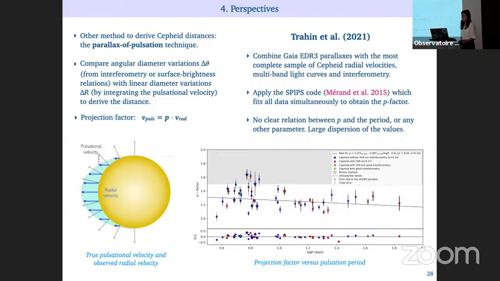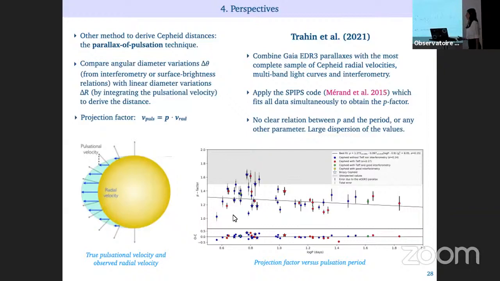Is there any hint as to why, at least to the eye, it seems like there's larger dispersion below 10 days? Yes, and we would like to investigate this by including shorter period pulsating stars and also Miras at longer periods, to see how these relations look when you zoom out and to see if indeed there is a smaller dispersion at longer periods, or if the problem is just for Cepheids with short periods.